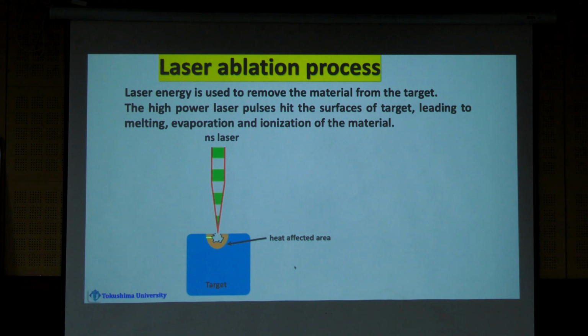The target is solid material and outside is a liquid, so there is a liquid-solid interface, and at that interface plasma is created. Due to this plasma, ionization or evaporation can occur.